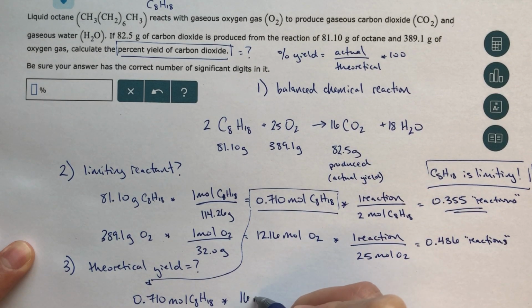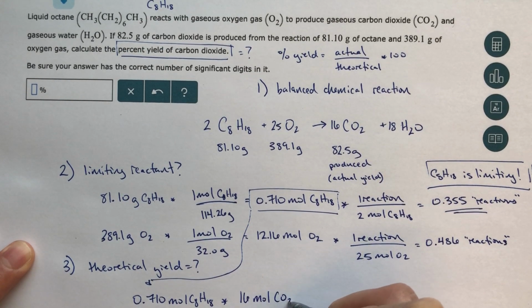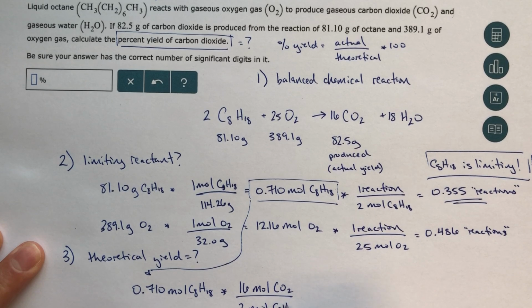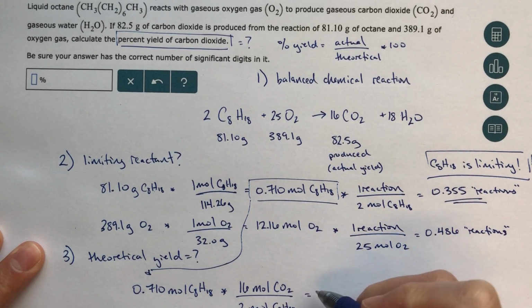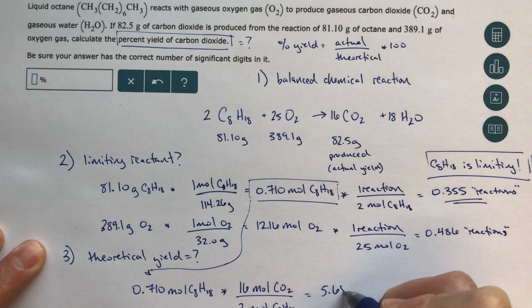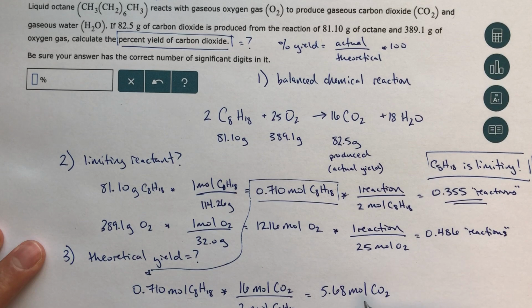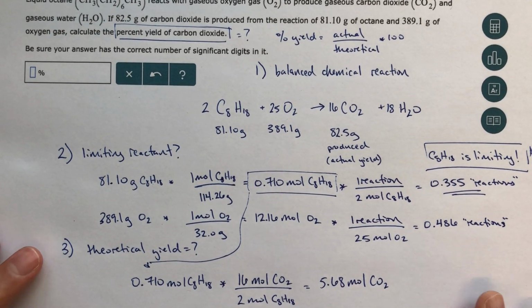So I'm going to use that mole-to-mole ratio again, and I know that 16 moles of CO2 will be formed every time I consume 2 moles of C8H18. So my number of moles of CO2 that I'm going to form is going to be 5.68 moles. This is my theoretical yield, right? Theoretical yield of CO2 is going to be 5.68 moles.